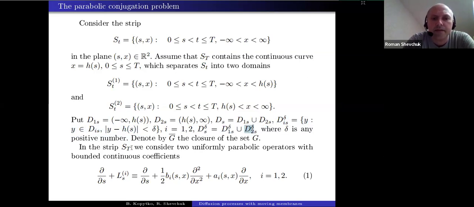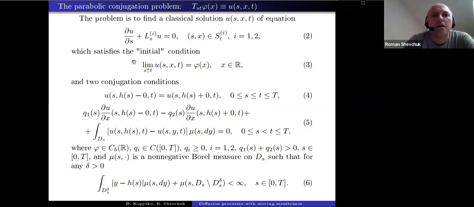In the strip S_T, we consider two uniformly parabolic operators with bounded continuous coefficients. The problem is to find a classical solution of equation 2, which satisfies the initial condition 3, and two conjugation conditions 4 and 5.